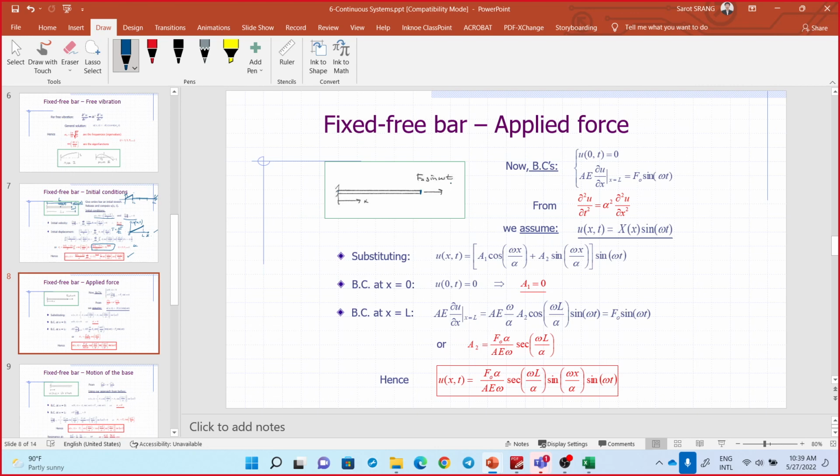Then the boundary condition at this point is still the same, but the boundary condition at the end point here has an external force. So this expression represents the force on the endpoint here, so it must be equal to the external force or the applied force.